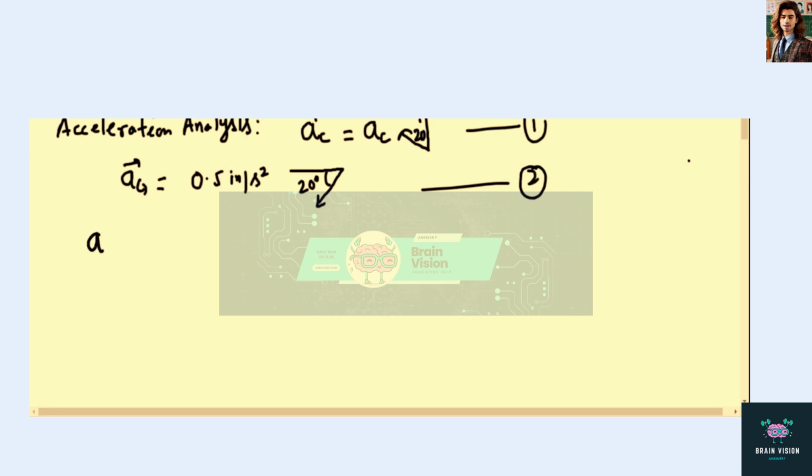The acceleration of C can be written as the acceleration of G plus the acceleration of C with respect to G tangential plus the acceleration of C with respect to G normal.